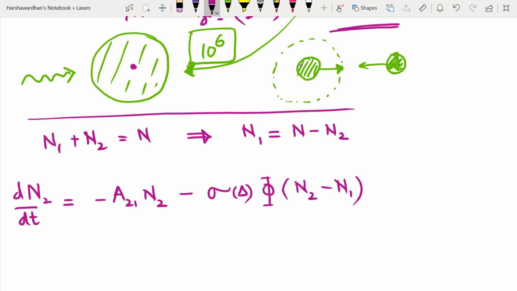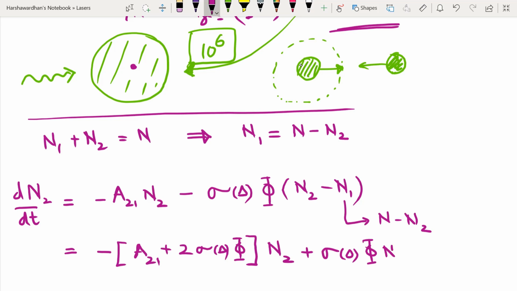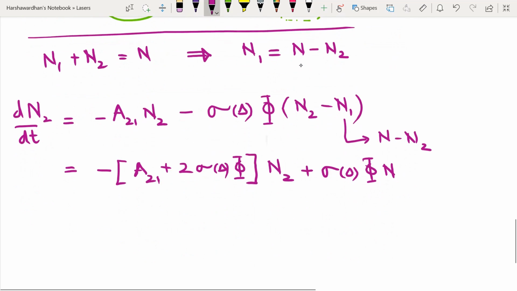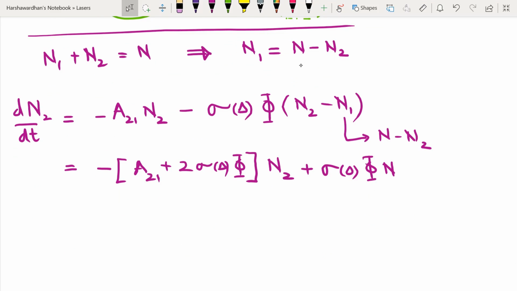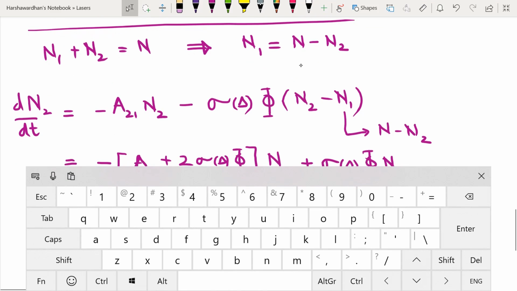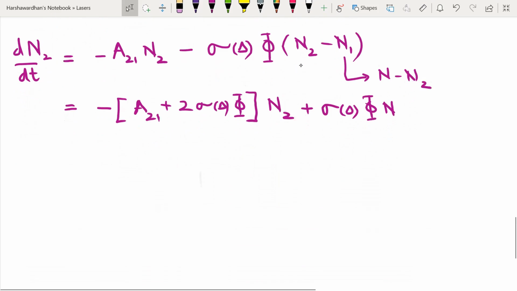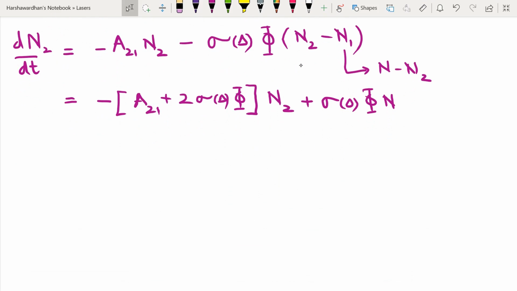And this N1 I am replacing by N minus N2. That simply gives me the following form, where you see that the second term essentially is a constant, right? So I can write down the solution of this equation exactly. This is a first order equation with just one coefficient.